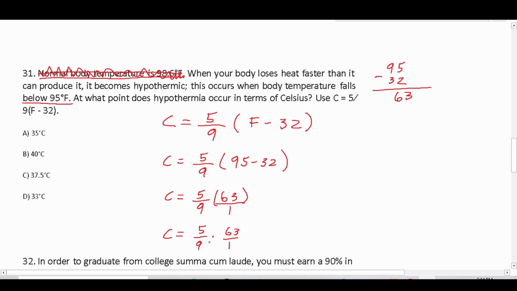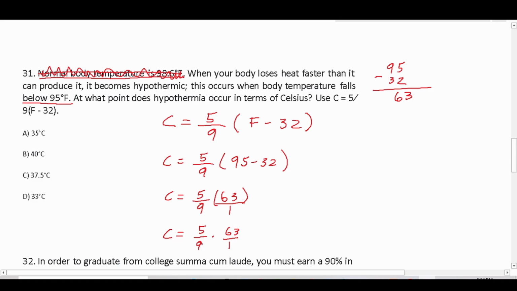That is, we're multiplying two fractions, notably 5/9 times 63/1. But as you can see, 5 times 63 is a lot of work. But I know 63 is divisible by 9. As I previously mentioned in the last problem, 63 divided by 9 is in fact 7.